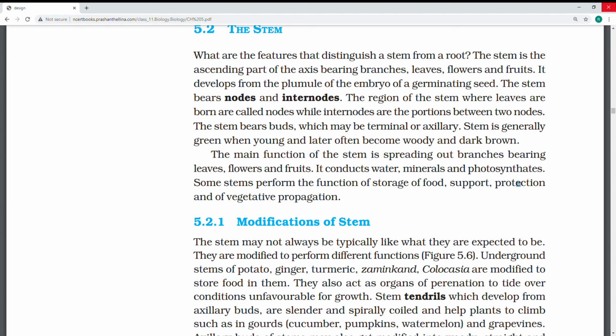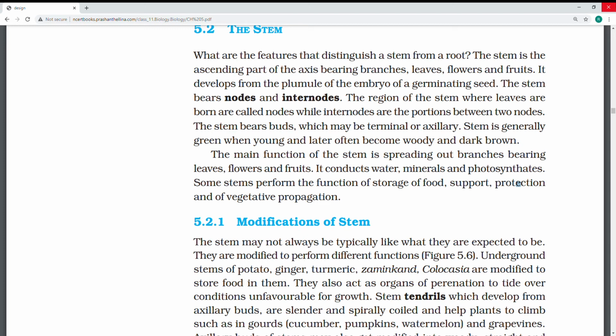Functions will be spreading branches, conducting water and minerals which has xylem inside, and photosynthesis when it is green. When the plant becomes big, means a tree, at that time it becomes brown; only during the green time it does photosynthesis. Some stems perform the function of storage of food.